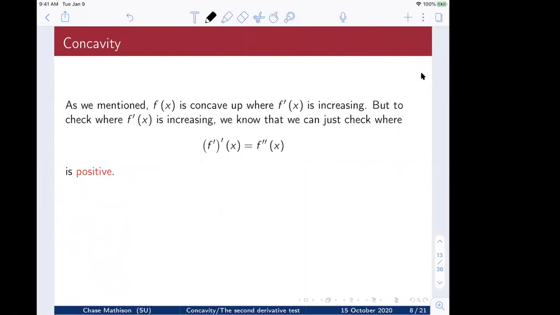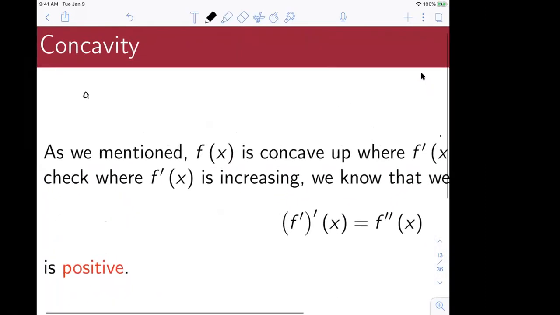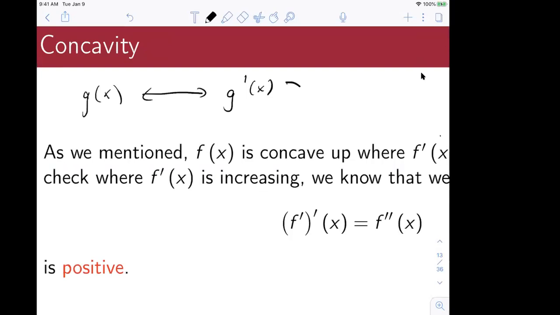All right. Like I said before we looked at that graph, we know how to check where the function f prime of x is increasing. If I want to check where a function, say g of x, is increasing, that's the same thing as checking where g prime of x is greater than 0.